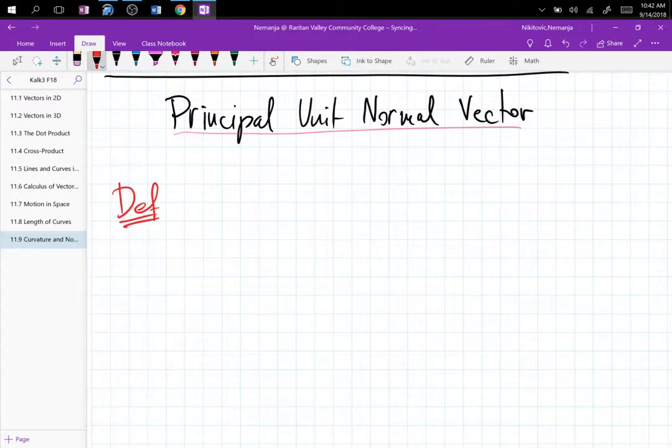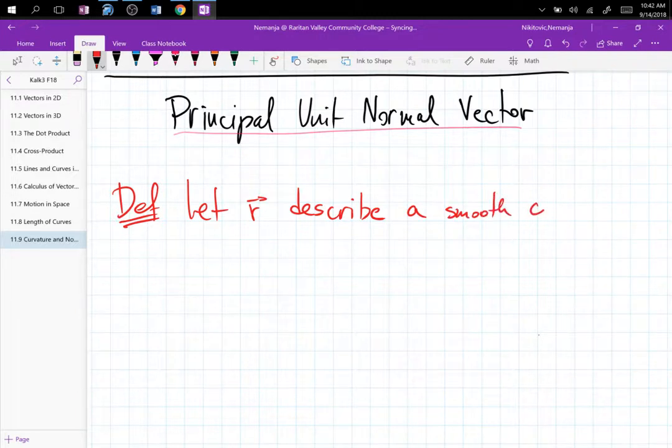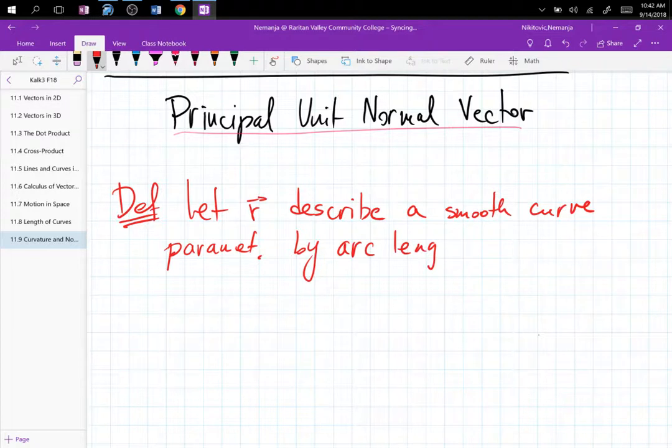So, definition. Let r describe a smooth curve parametrized by arc length, and that arc length is ds.